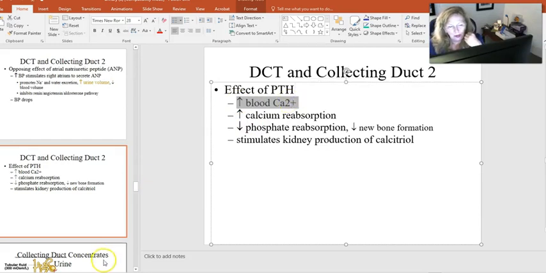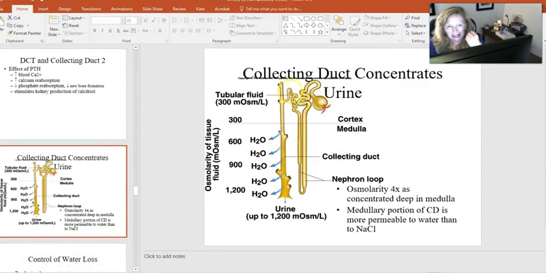So in essence, what I'm saying is this nephron unit is emptying its filtrate into the collecting duct. There are many nephrons attached to a collecting duct. These nephron units and these collecting ducts are influenced by hormones in what you're going to reclaim and what you're not going to reclaim.